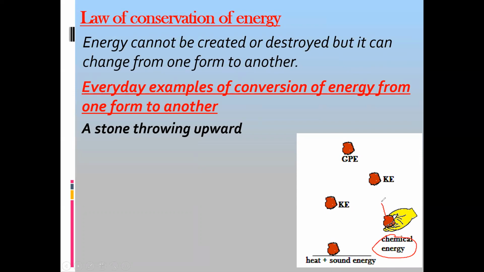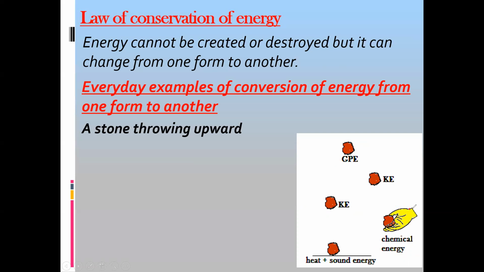As I throw this stone upward, the stone starts to move, so it has kinetic energy. At a certain height it will have potential energy, and at the maximum height it will have maximum potential. When it is coming down, it will have kinetic and some potential as well. But when it hits the ground, it will produce heat and sound. So basically, the energy transformed from one form to another.